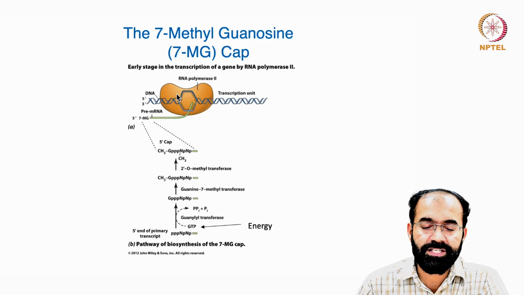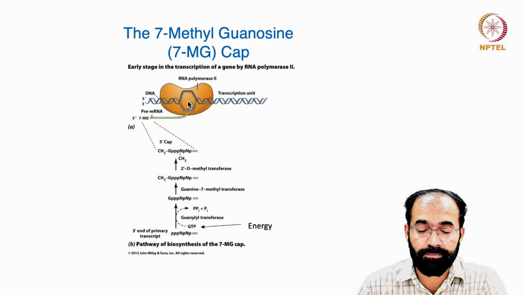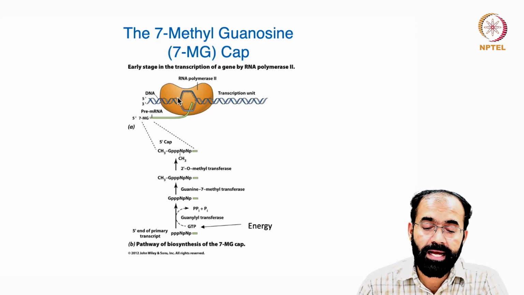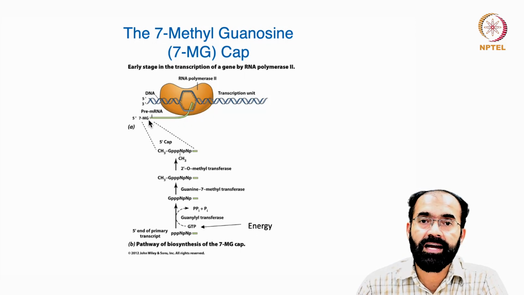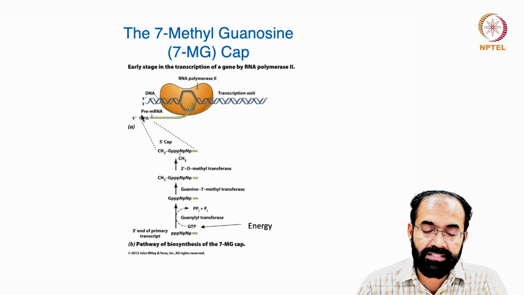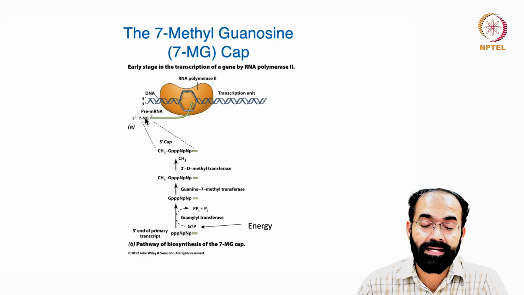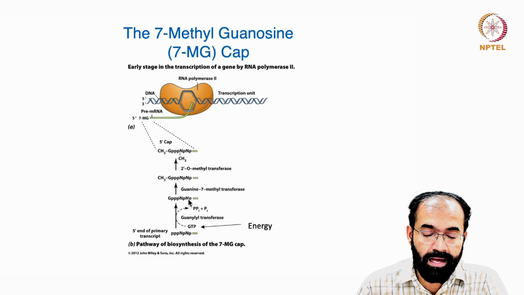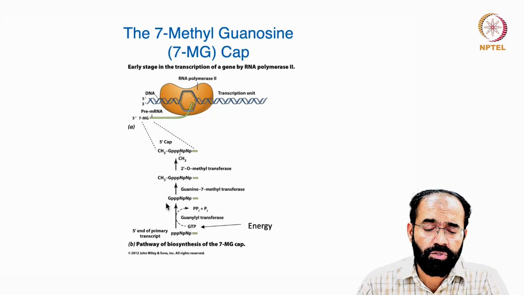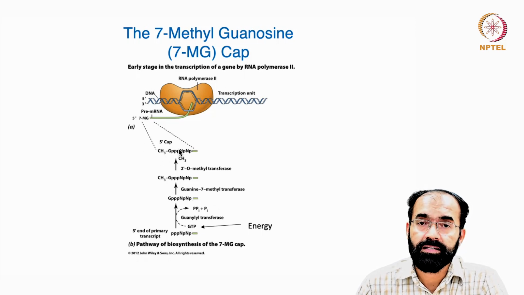You can see in this picture, this yellow bubble is the transcription bubble and the RNA polymerase II. You can see the DNA opened up, and the nascent RNA that has come out, and this RNA has to undergo the capping event. And how does it happen? The final step is the cap.